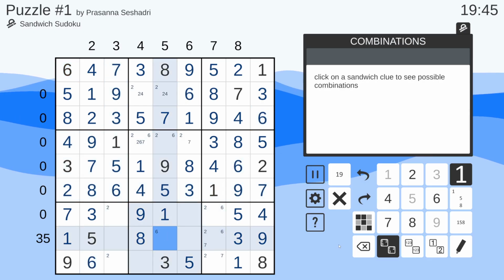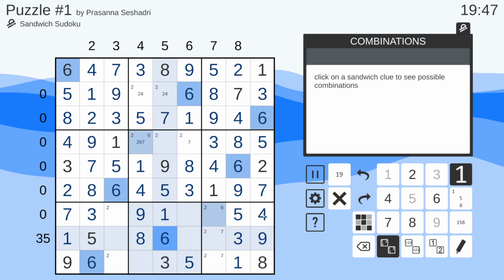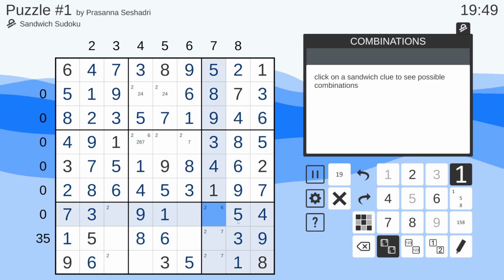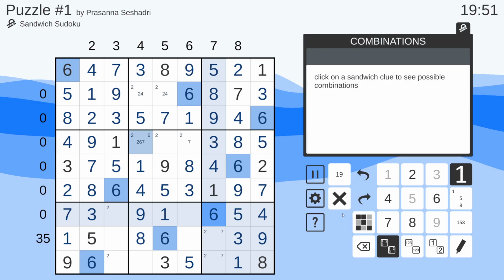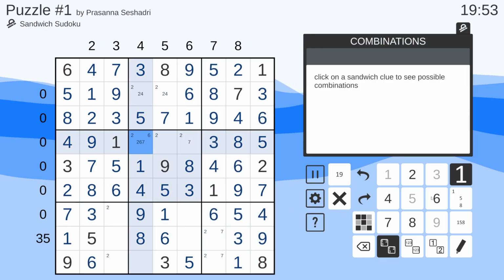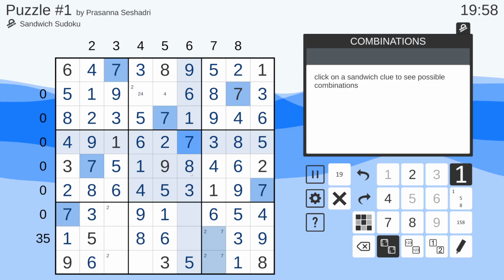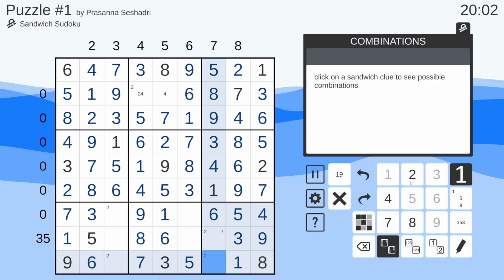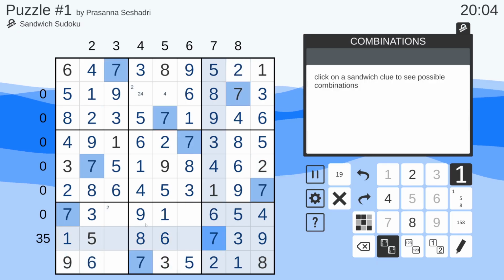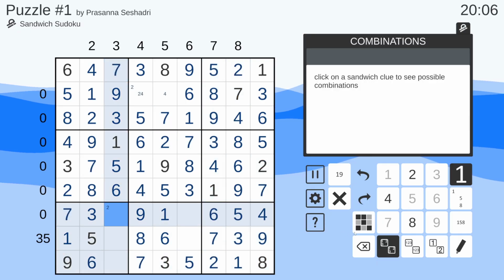This is 6. This is now our only 6 that we can place. This has to be 6. This has to be 2. This has to be 7. Now I have 7 down here. That disambiguates this. Put 7 here. Now we have our 2.